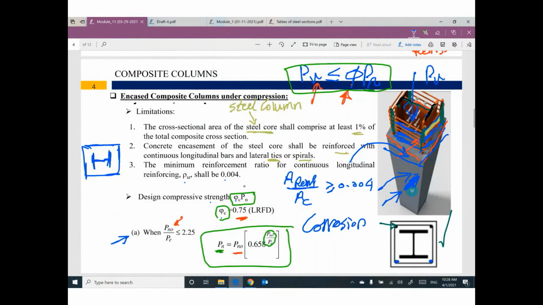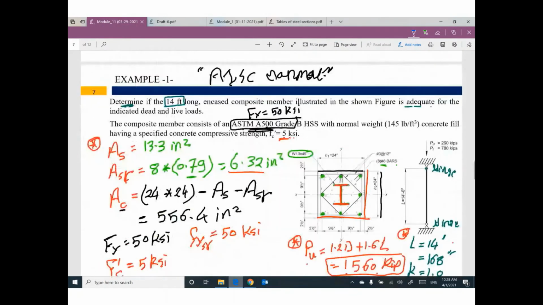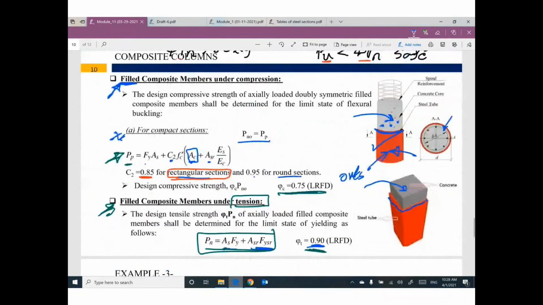I think steel here is protected against corrosion because it's embedded inside concrete. But in this case, no, we expect corrosion because the steel surface is exposed to environmental change. So we have advantages and disadvantages. Which one is better? It's up to you as the engineer. What are the conditions in your construction, in your building, in your structure? And then you can decide. Does that make sense?